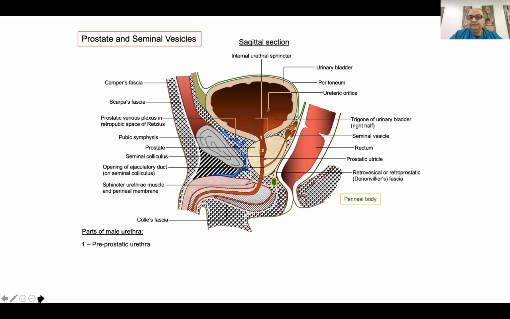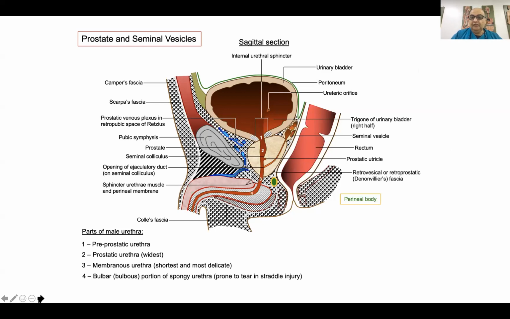Number two, prostatic, excellent. Widest, we know it. You can see number three, membranous. Number four, bulbar. And number five is the penile.